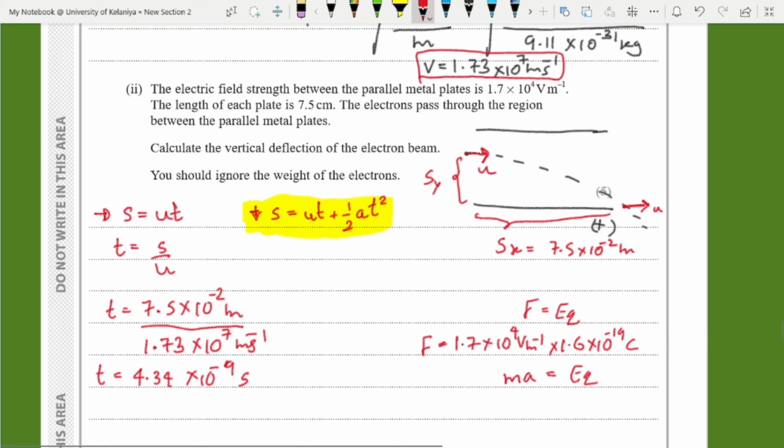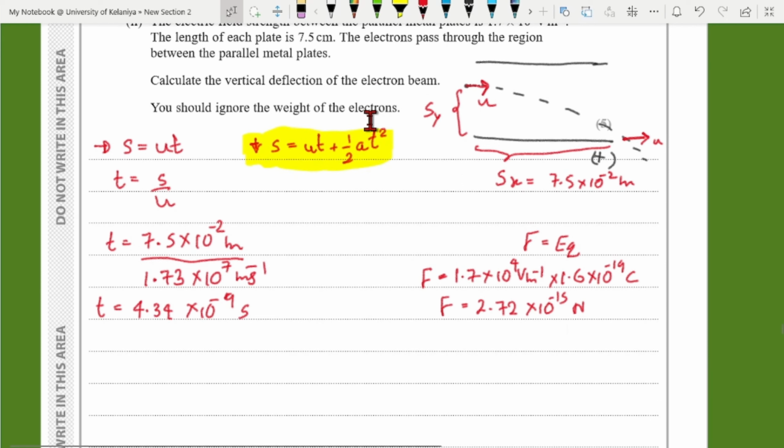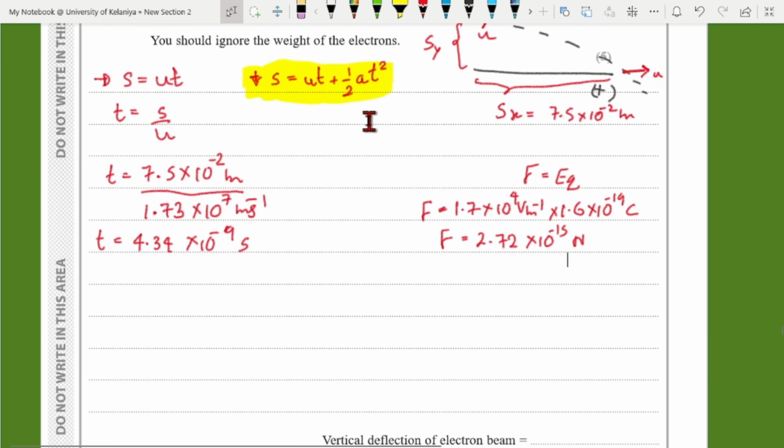If you calculate this one, for the force you will get 2.72 times 10 to the power minus 15 newtons. This is the force. Now you should calculate the acceleration, and you know the acceleration is equal to F over m.